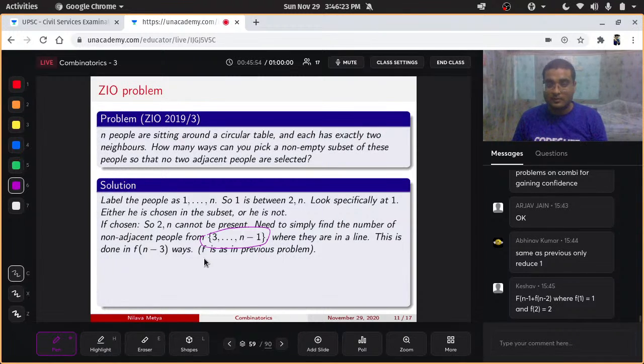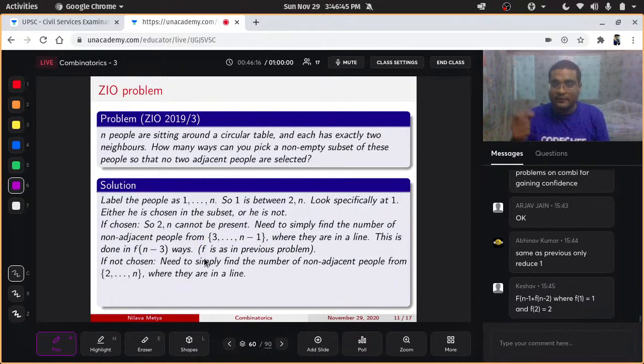So that is f of n minus 3. Here f is as in the previous problem because we are looking at a line. This guy doesn't have anyone here and this guy doesn't have anyone here. So it's basically a linear arrangement, and that gives f of n minus 3 ways.